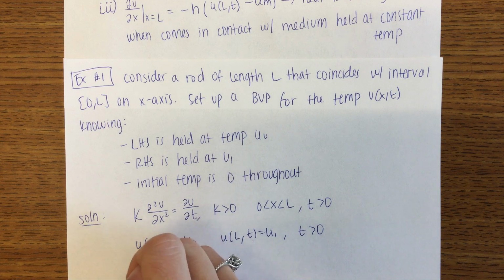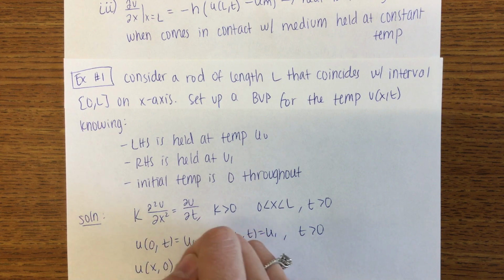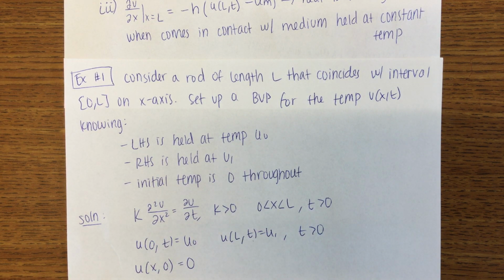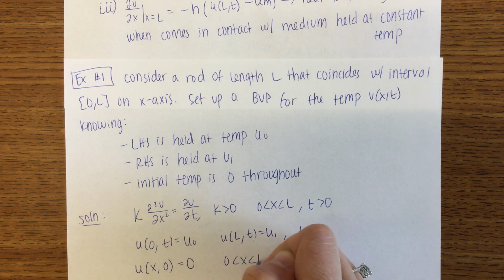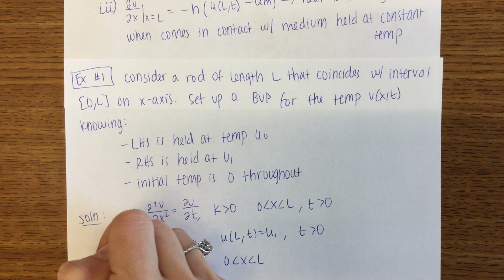Initial temperature is 0 throughout. Initial temperature means that time is 0. So at time 0, no matter the position, we get an initial temperature of 0. Variable being x, so we need to say that x is between 0 and L. This would be our boundaries.